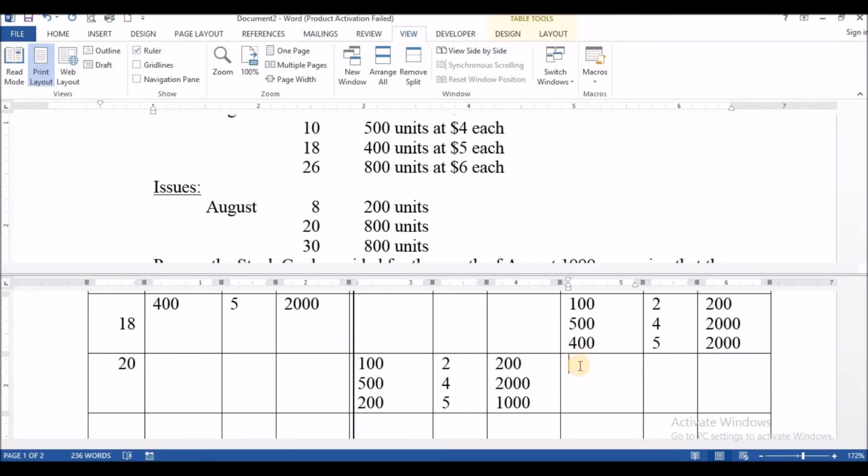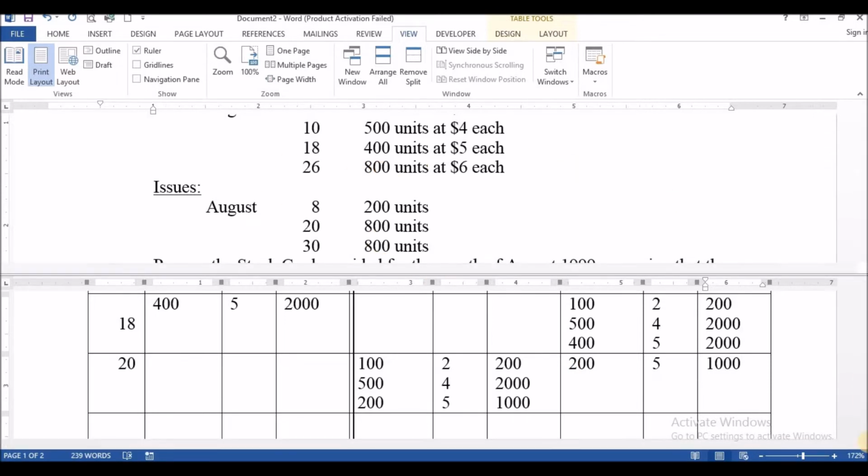So our balance now, because we sold this in its entirety, we have 200 left. 200 that's left, and the 200 will be valued at $5. That's 1,000.